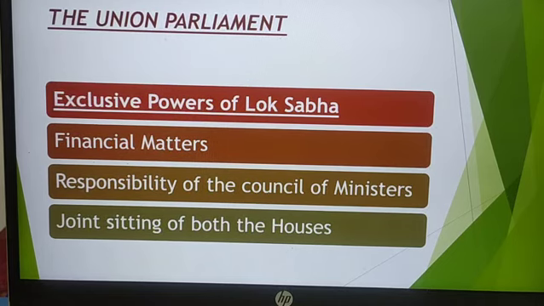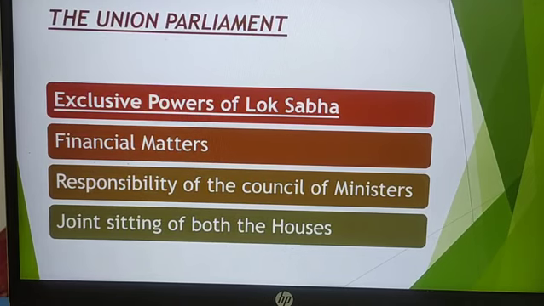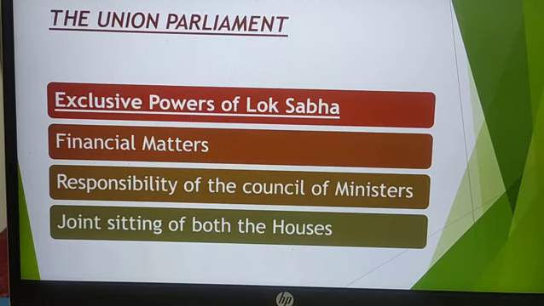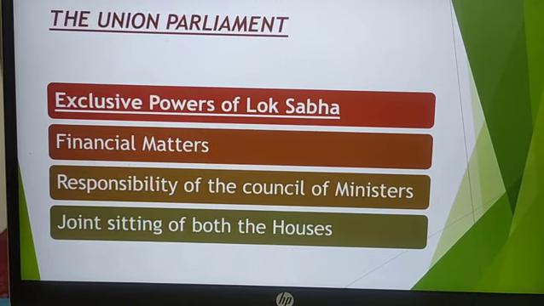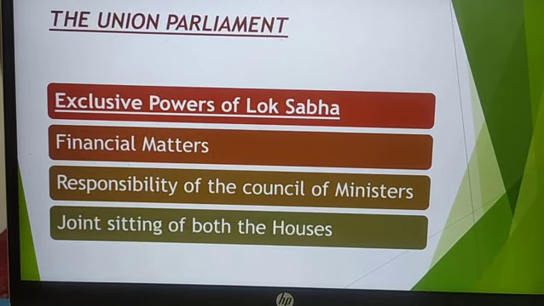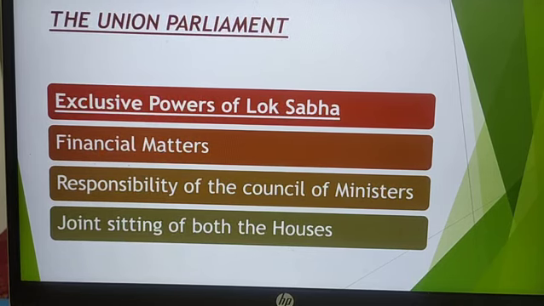In this case, both the houses will have a joint sitting. Now, who will convene and preside over this joint sitting? Definitely, it's the speaker, because we have already done it in the functions of the speaker. So, if disagreement between the two houses on a particular bill other than money bill is created, it is resolved by both the houses in joint sitting.